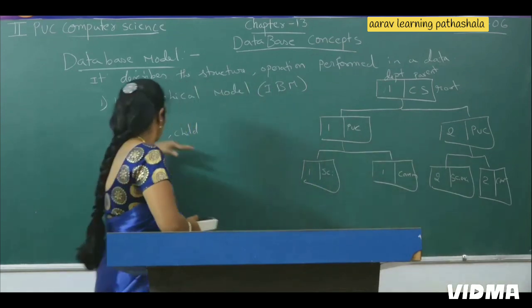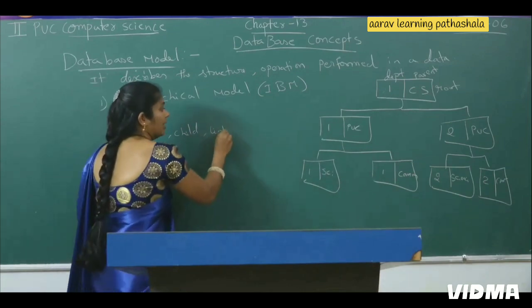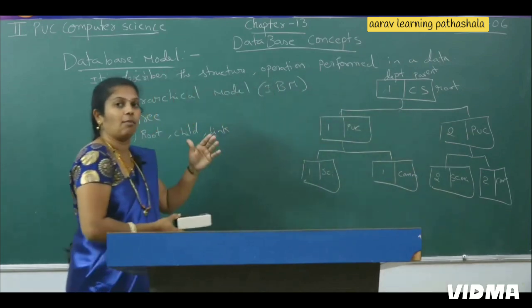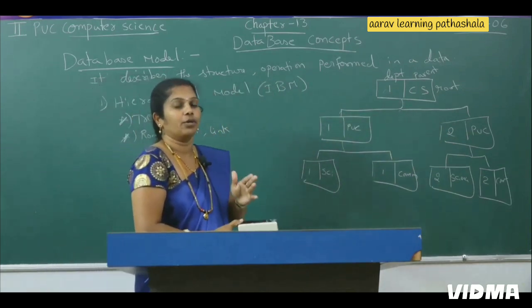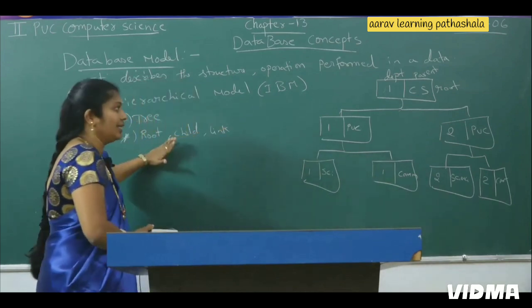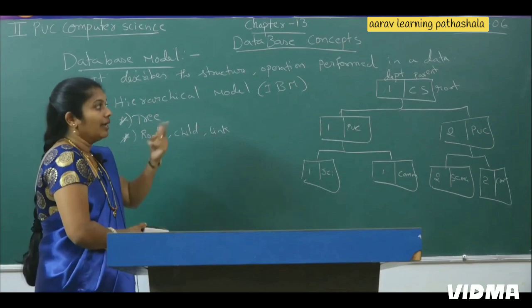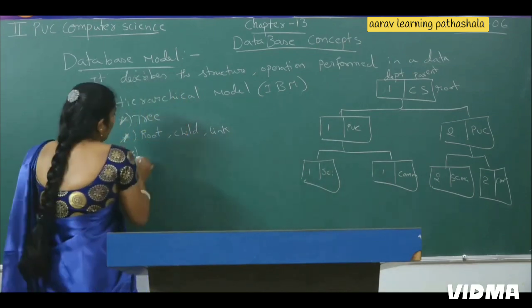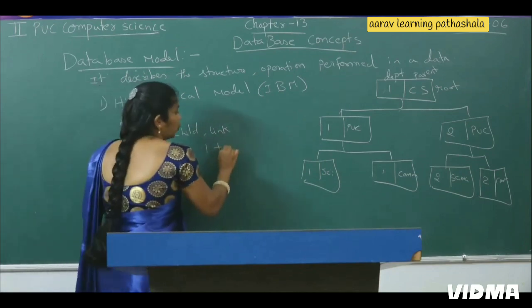In this we have root, child. With that we have link. In between, it is connecting with the help of link. It is developed by IBM company, and here all the data are arranged in the format of a tree structure. With that, we have root, child, link, and it follows the concept of one to many or one to one.